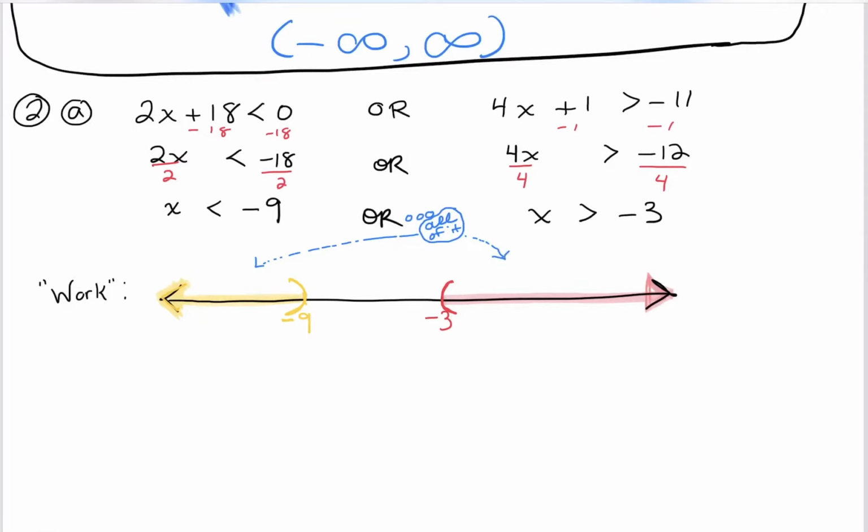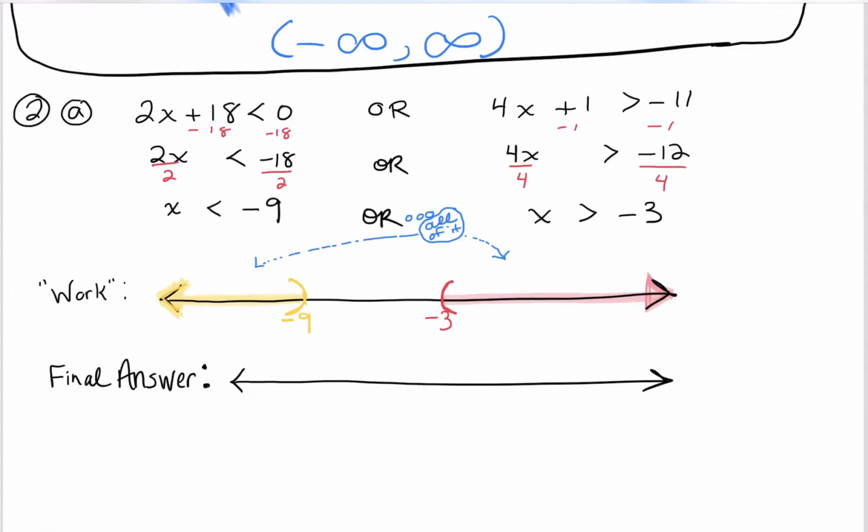So in this problem, when you just graph them both on the number line, that really does become our final answer. But that generally is not the case. It's always just graphing both of them and then thinking about what the word means.